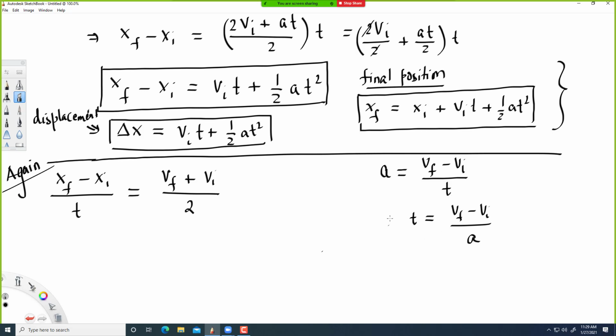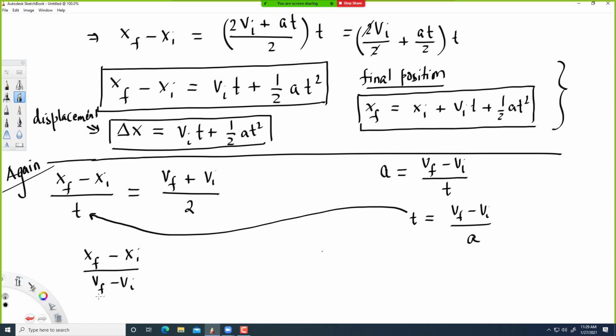Now let's replace this t by this t. So if I do that, I get xf minus xi over v final minus vi over a is equal to v final plus v initial over 2.